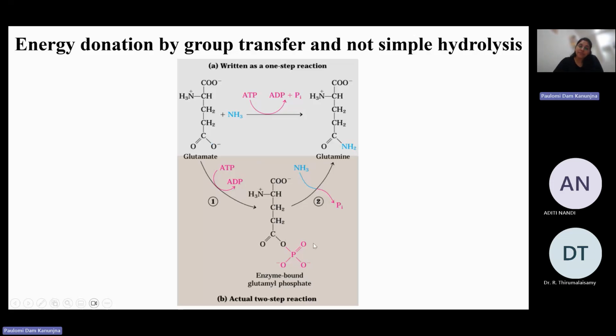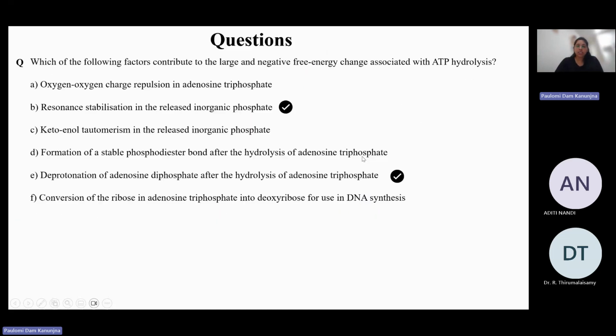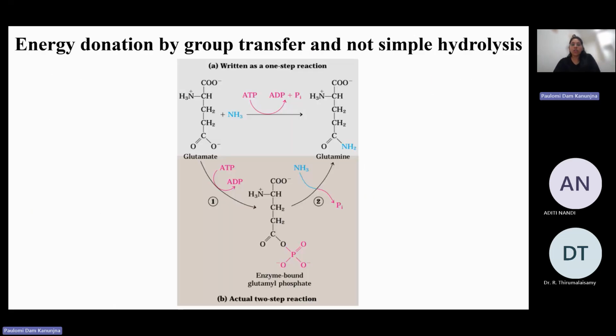Then this phosphate is substituted by ammonia, which releases the phosphate, and that finally gives glutamine. So it's not a single-step reaction where the energy from ATP hydrolysis is used to drive the reaction. There is a group transfer: the group is first attached, then transferred, and the ammonia is exchanged. You should always retain this difference.